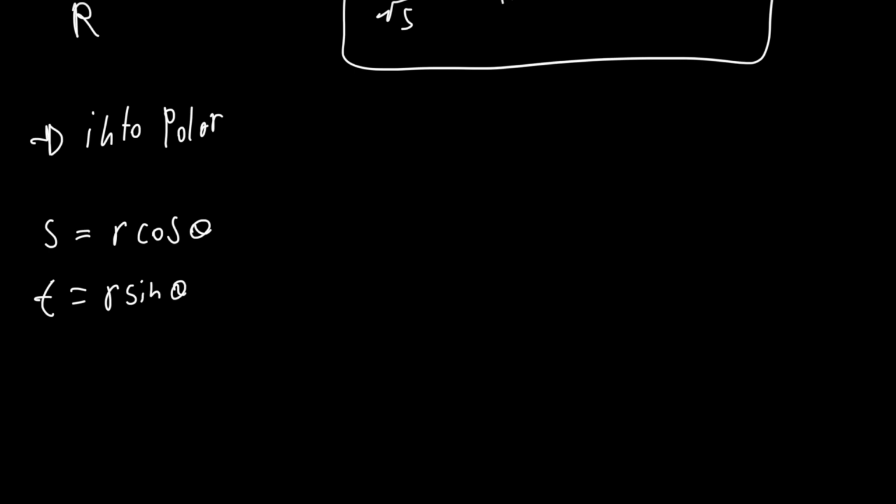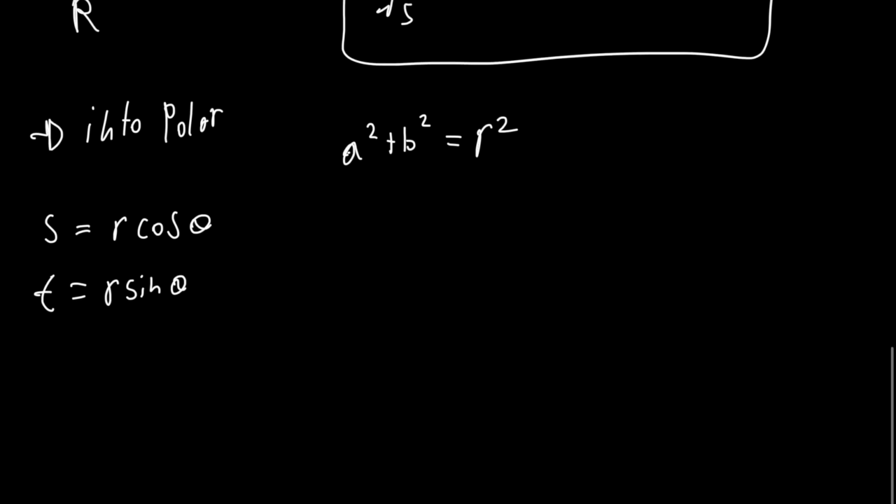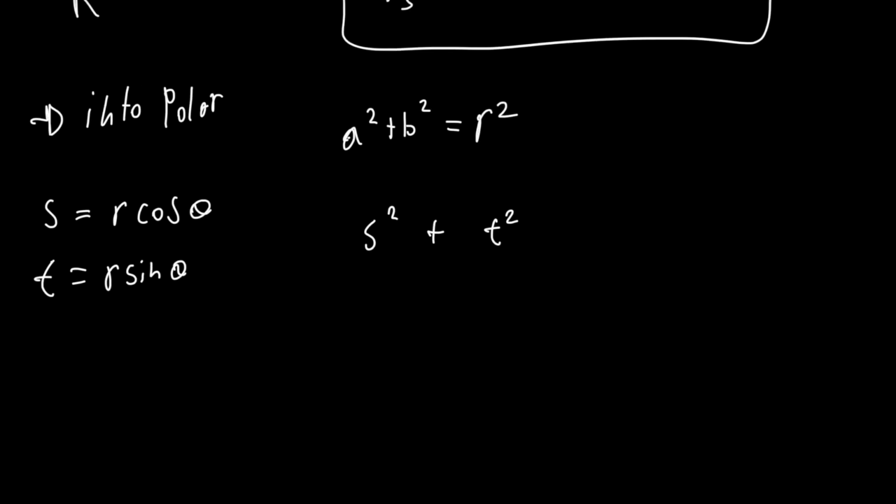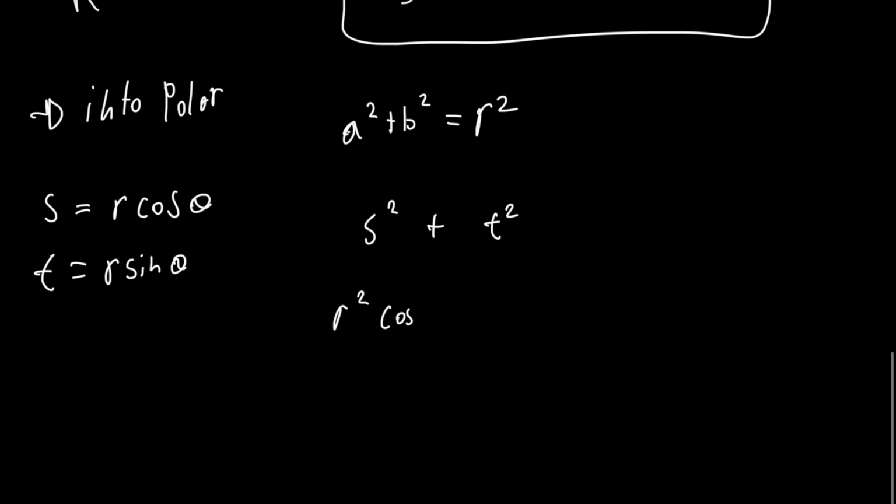Okay. And I think it's really important to remember the Pythagorean rule, a squared plus b squared equals r squared. And here my a is s, and my b is t. Because I'm going to actually show my work right here. s squared plus t squared. You square everything, so r squared cos squared theta plus r squared sine squared theta.